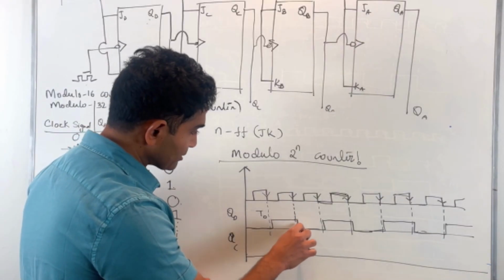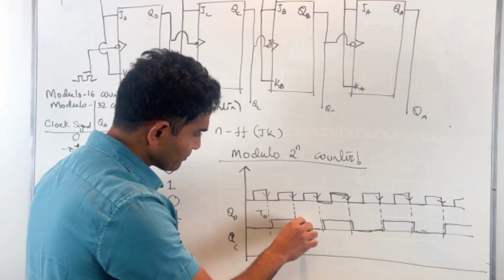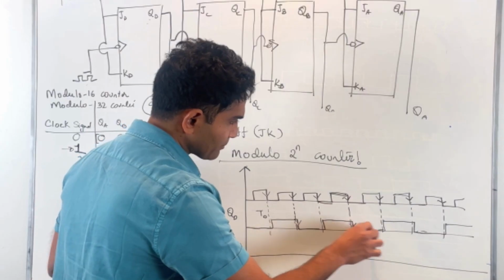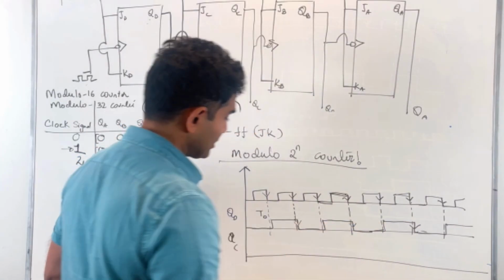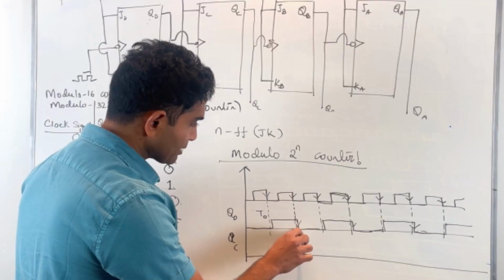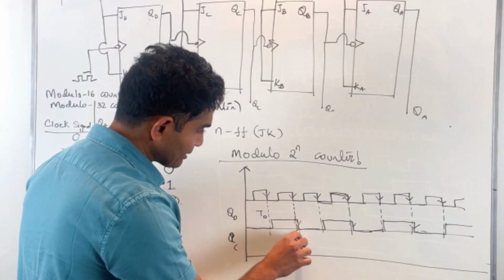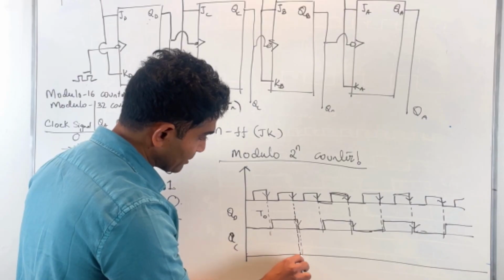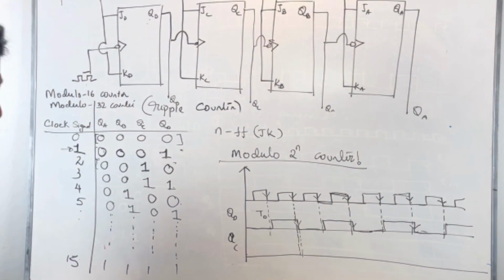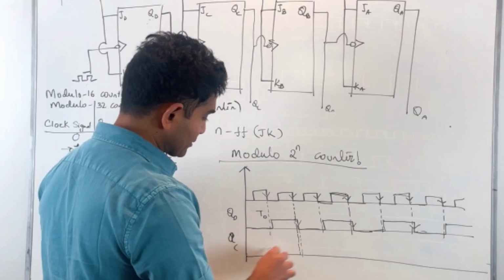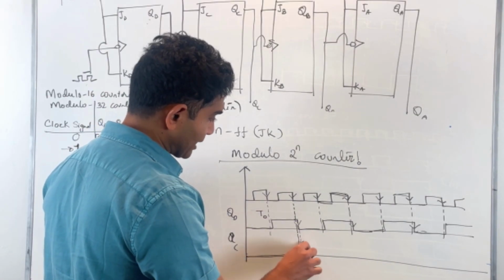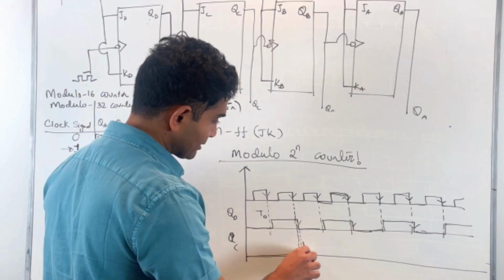So, again, these are the triggering instances for QC. Instead of my QC getting triggered here, where it should have been triggered, it now gets triggered with a timing delay of TD at this instance.